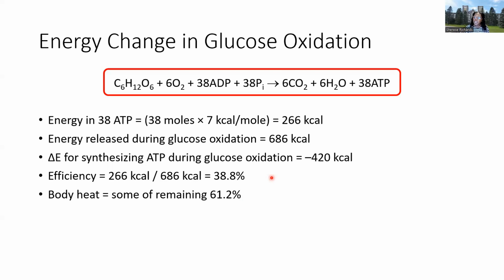So that's a really interesting phenomenon to ponder, right? We ingest all of this food, we intake in all of this potential energy, and we only capture about 38% of that energy to do things within our cell. And the majority of that, more than half of that energy, is basically lost back into the environment.